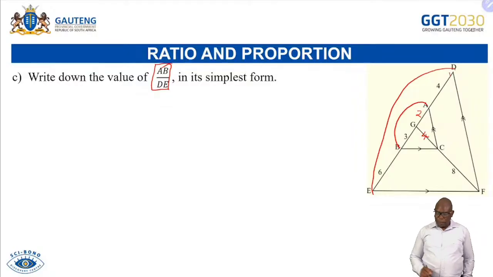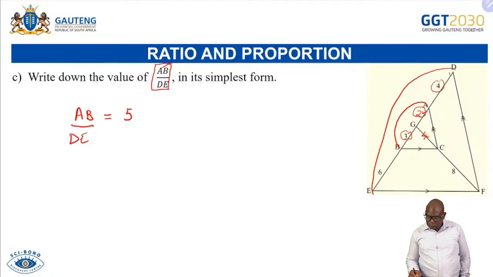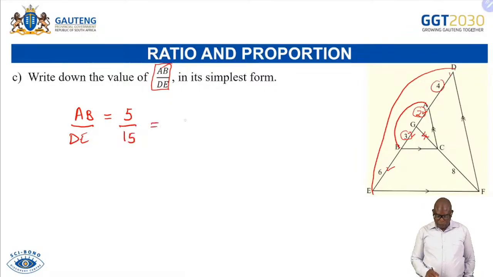My AB will be 2 plus 3, which is 5, over DE, which will be 4 plus 2, which is 6, plus 9. 4 plus 2 is 6, plus 9, that will be 15. So therefore this one will be 1 over 3.